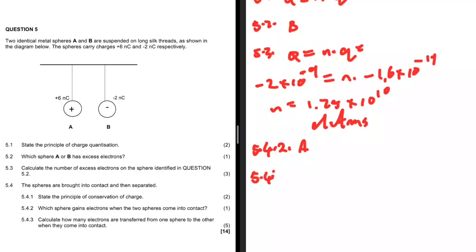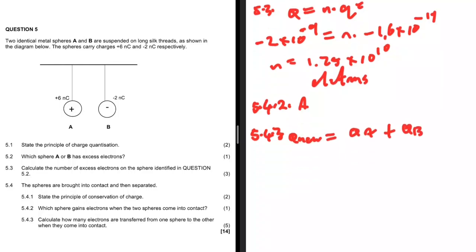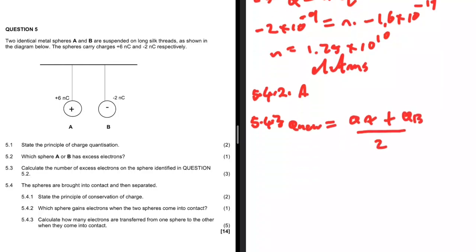What about 5.4.3? Calculate how many electrons are transferred from one sphere to the other when they come into contact. Okay, there we go. The first thing that we need to do is calculate Q new, the charge that the two spheres are going to have after contact. Q new is equal to QA plus QB divided by 2.